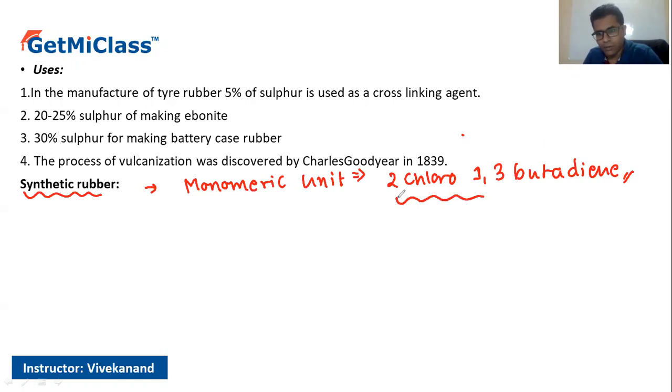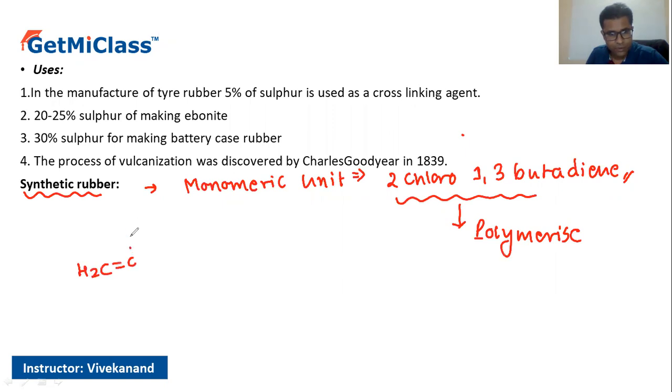Okay, now when we take this and polymerize it, first let's observe the structures. The monomeric structure looks something like CH2 double bond C, Cl single bond, CH double bond CH2.